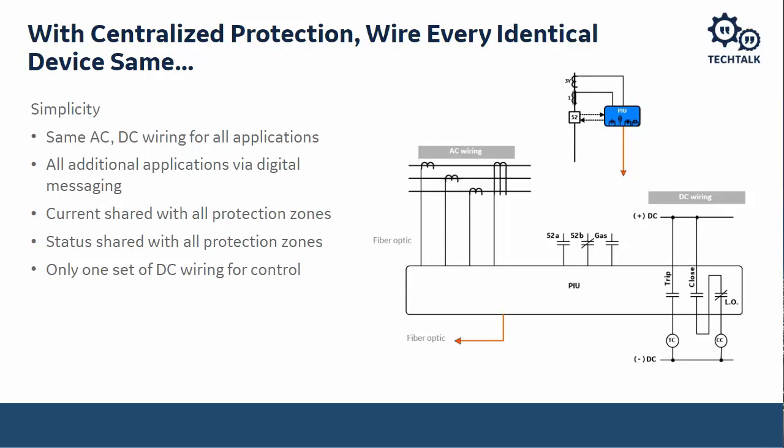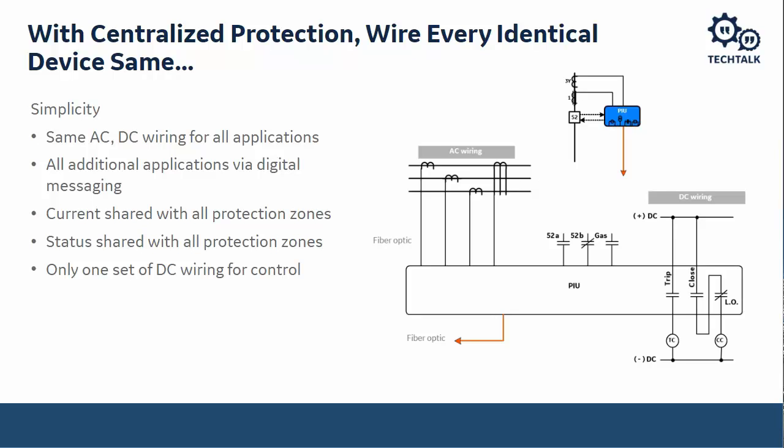The merging units can be all wired identically with the CTs, VTs, breaker status, any alarms. They can do trip and close and lockout functions all within there. So all that gets wired in the cubicle, and all you're bringing back to the relay is a fiber. That information from every cubicle is available to your protective relay, so that you can do any type of specialized control functions that you need to do.